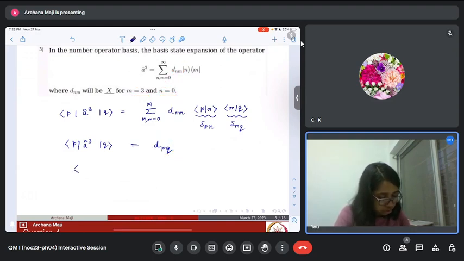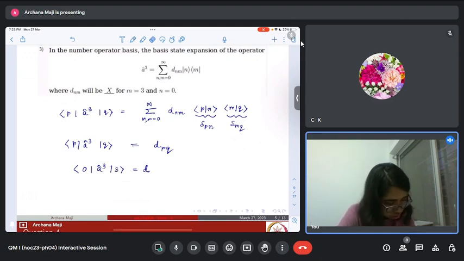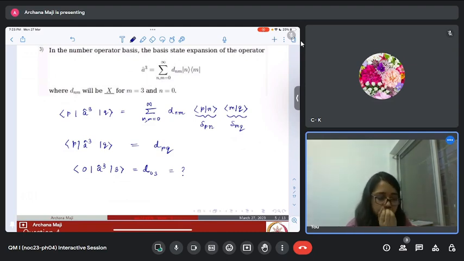So that means you have to figure out d_03. This is what you have to find out. Can you do this and tell me?